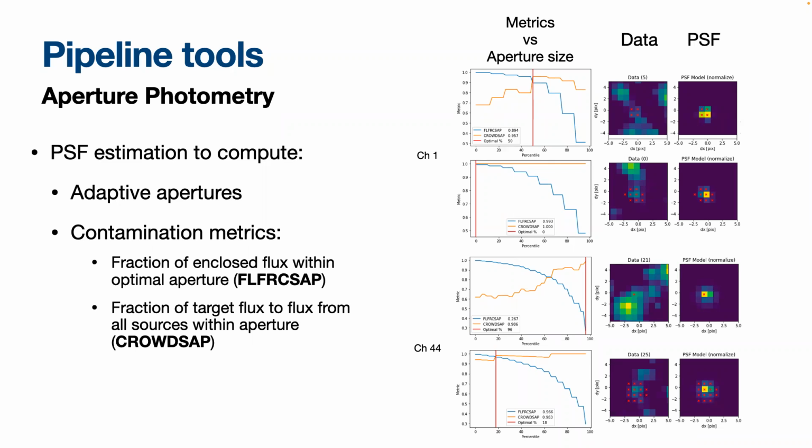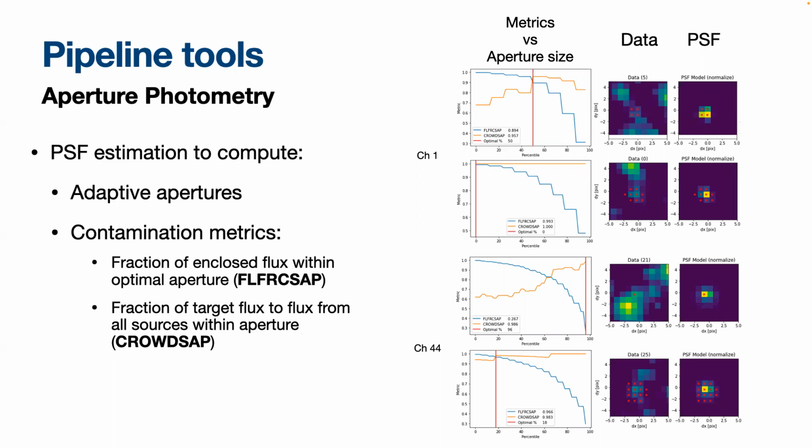In this figure, those stamps show, the first column of images shows the data, and the second is the PSF model evaluated on the source. And those red crosses show the aperture that got selected for that particular source. And the graphs show these two metrics that I mentioned before as a function of the parameter that controls the size of the aperture.